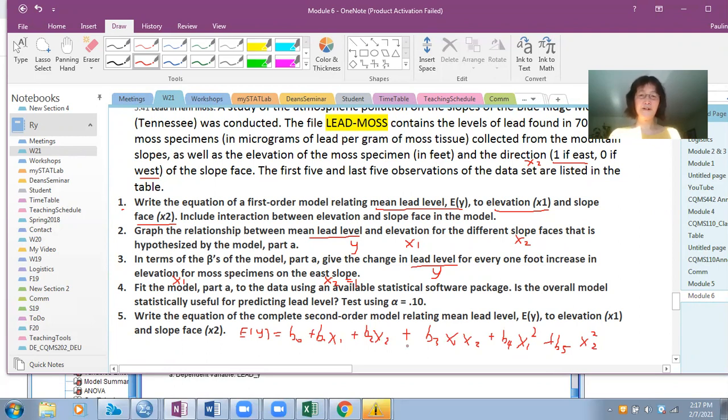So that is the complete second order model.